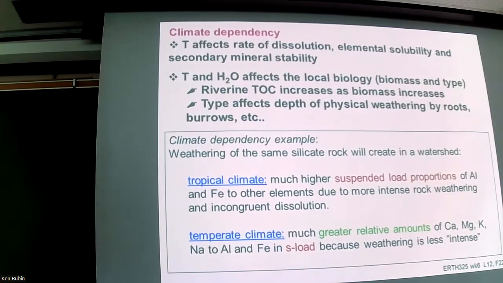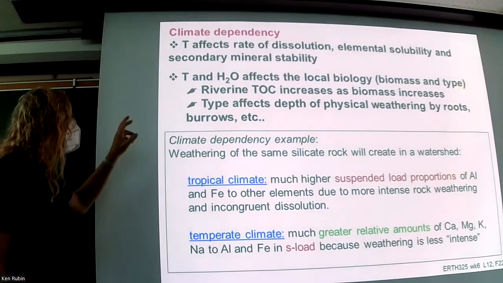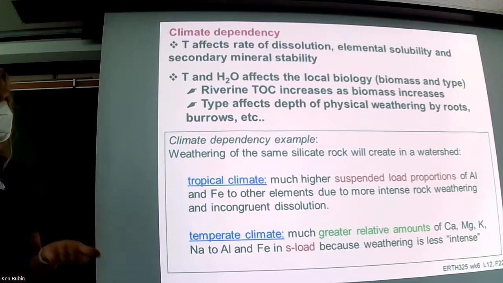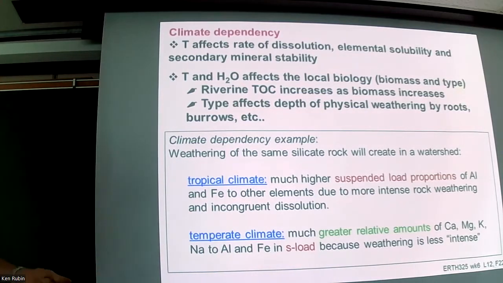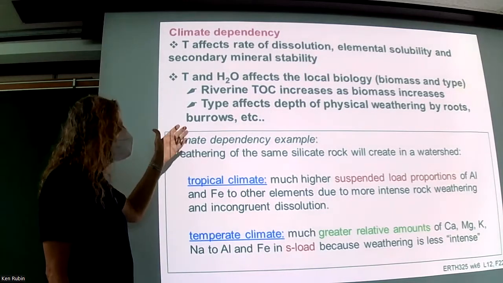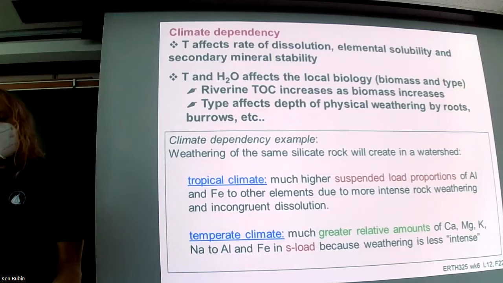So another thing to think about is the climate for weathering. We know that both temperature, how hot or cold it is, affects solubility, as well as how much water is present, right? If we're in a cold, arid environment, we're going to get a very different weathering regime than if we're in a hot, wet environment.